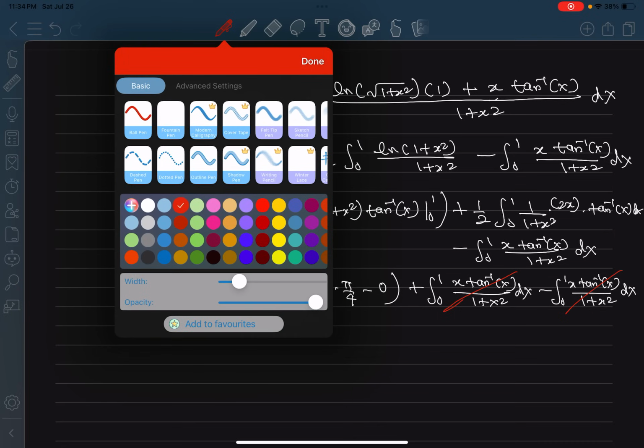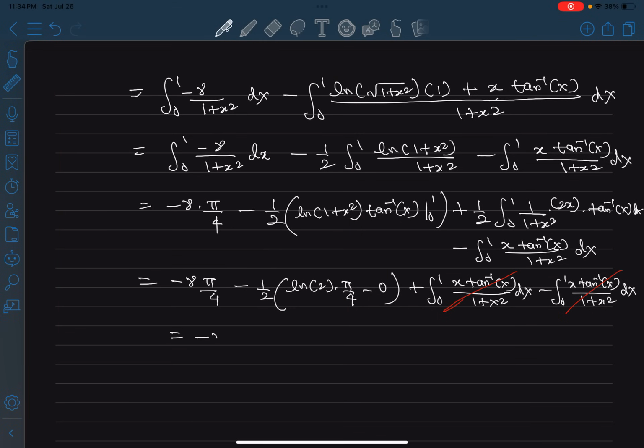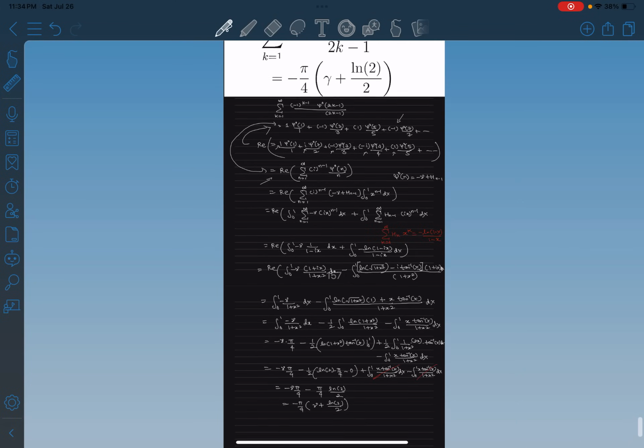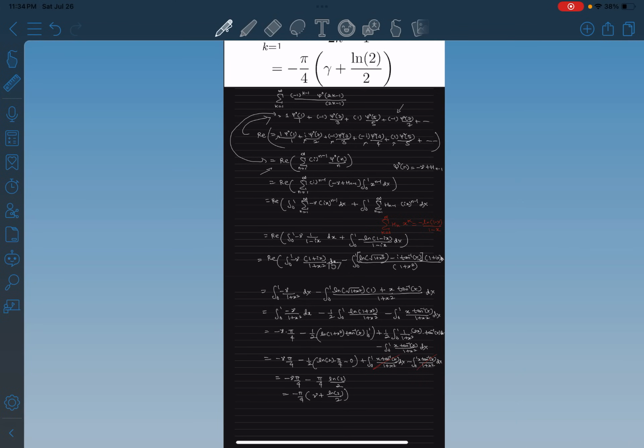And after that, what I'm left with is minus gamma pi over 4, and this becomes minus pi over 4 ln 2 over 2. If I take minus pi over 4 common, I have gamma plus ln 2 by 2, which I think is the answer. Minus pi over 4 times gamma plus ln 2 by 2.